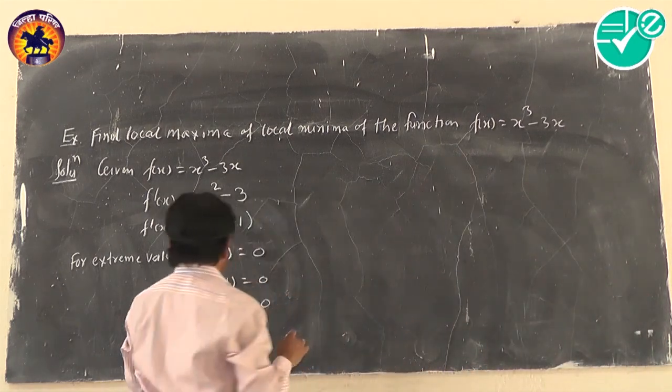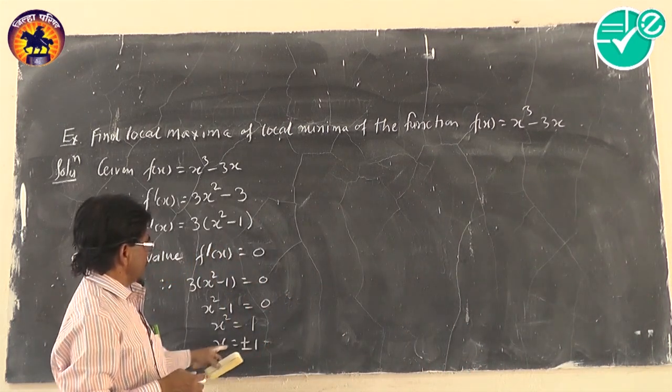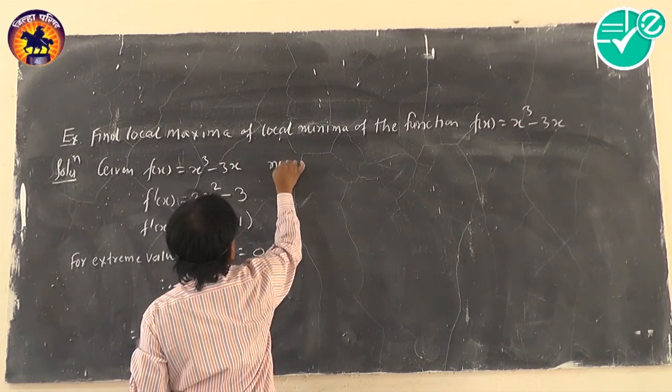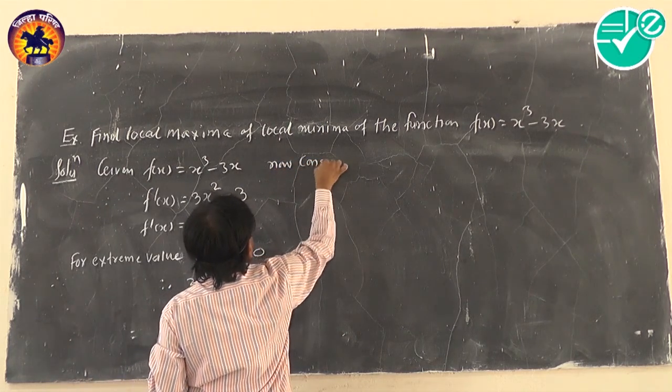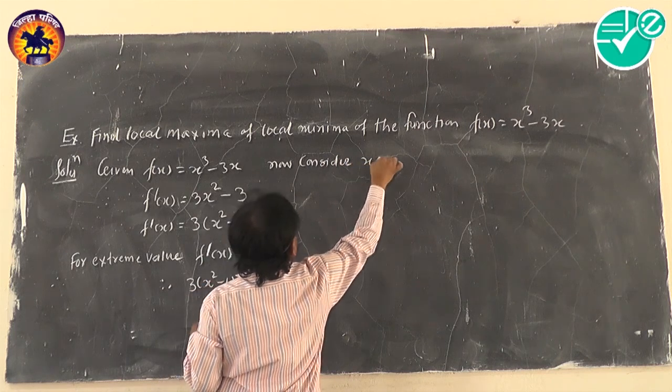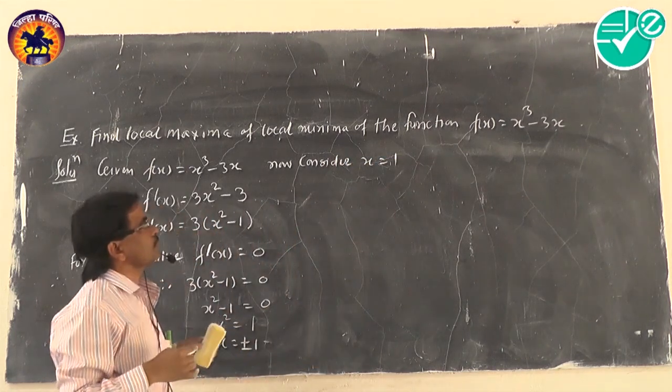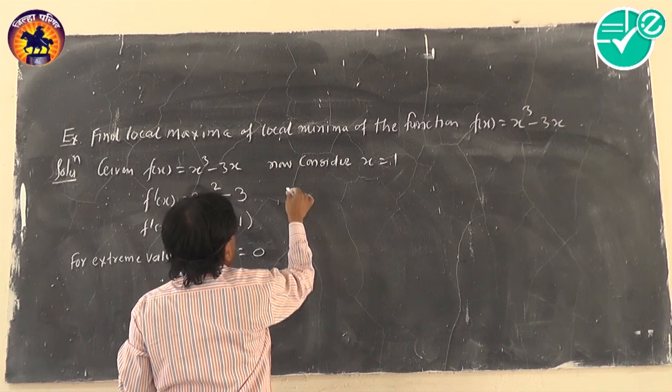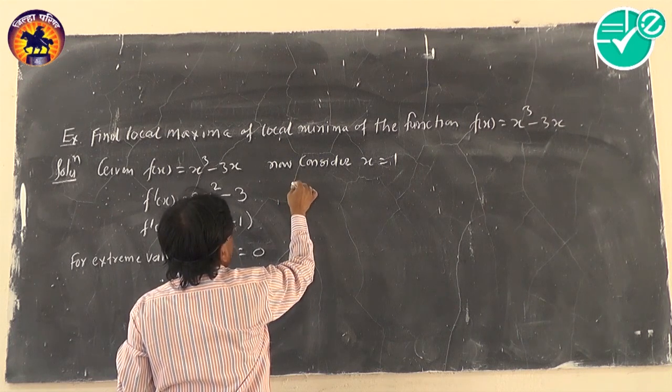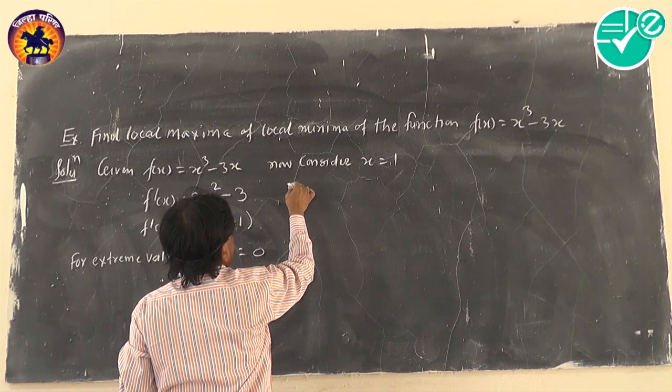Now we can test for maxima or minima at x is equal to 1. Consider the delta neighborhood of 1.